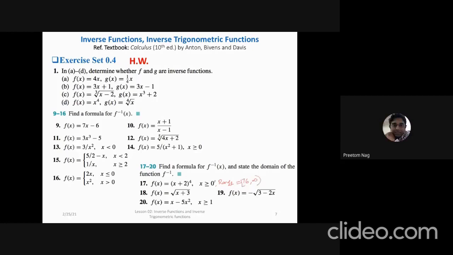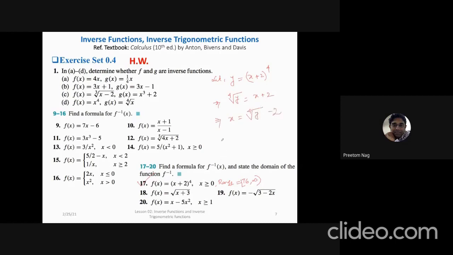Okay, keeping the range in mind, we will find out the domain. So let y equal to (x plus 2) to the power 4. What will be the value of x? That will be the 4th root of y. We write down like this, x plus 2. So finally x will be the 4th root of y minus 2.